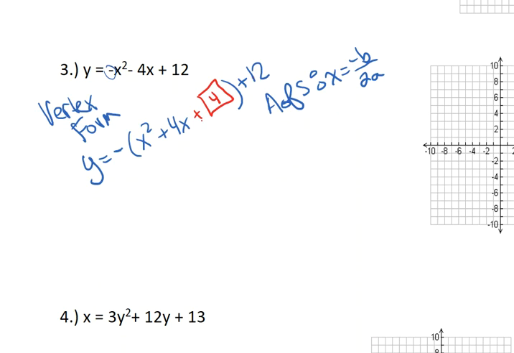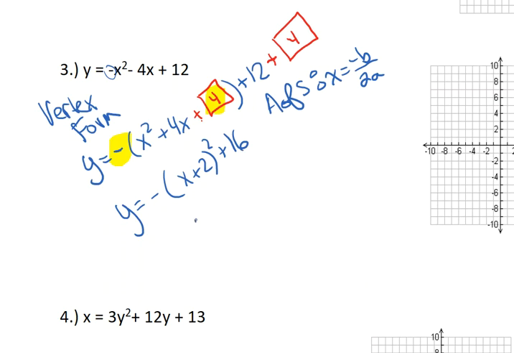So if I add here, I'm going to subtract that number here, but also keeping track of that negative. So we're really subtracting a 4 here. So what we're going to do is we're going to add a 4 on this side. What that does is it gives us y equals negative x plus 2 squared plus 16. That vertex would be then negative 2, 16.